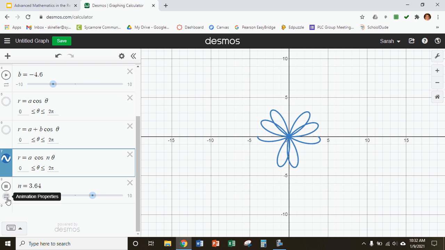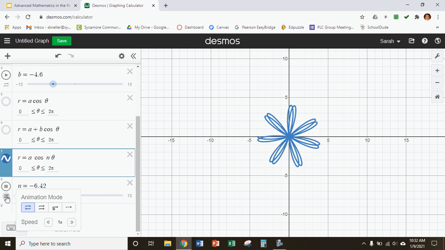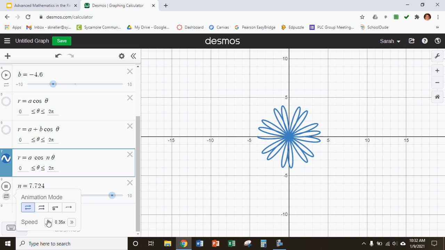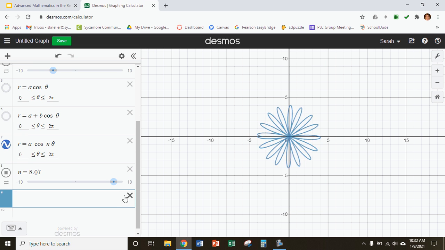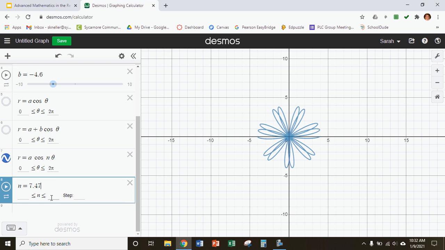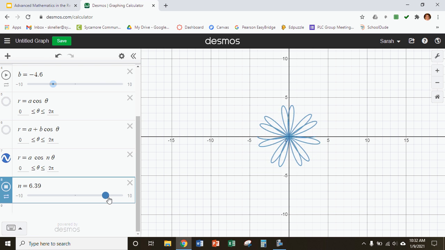And if that's going a little fast, you have this little icon here that says animation properties. It's right under the play or the pause. So you can go there and you can slow it down so it doesn't animate quite so fast. So, whoops. Let's see if we can maybe stop that at right about there.